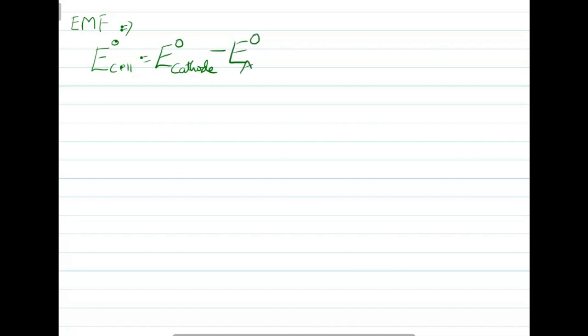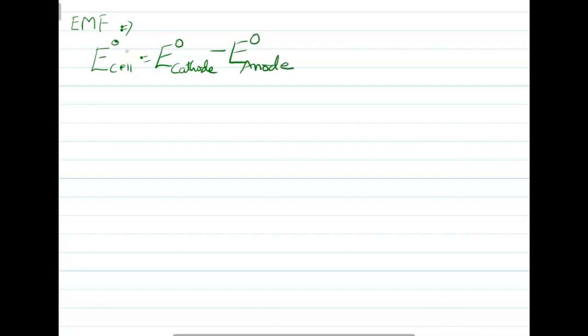So next, EMF of the cell, electromotive force. EMF of the cell, or electrode potential of the cell, is calculated by using the formula E0 cell is equal to E0 of cathode minus E0 of anode.